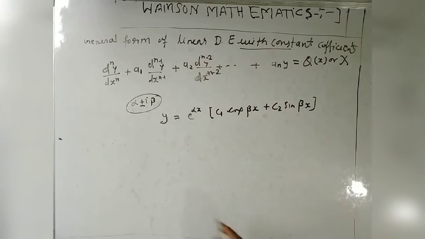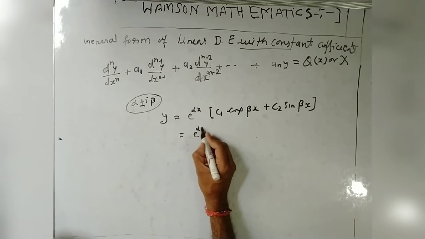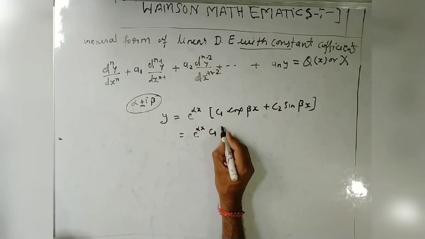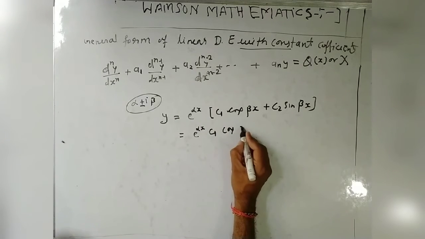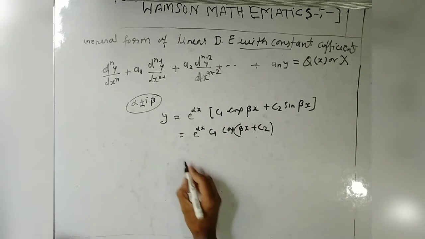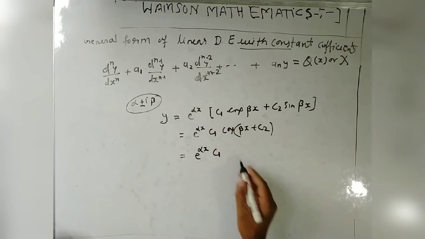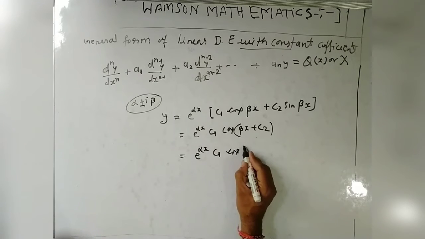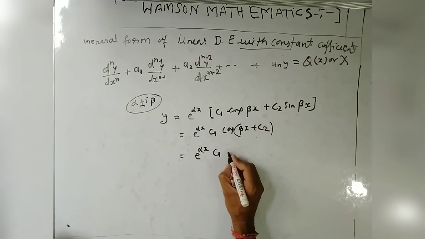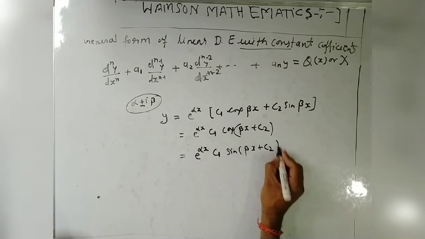The solution can also be written in similar forms, such as c1 sin beta x plus c2 cos beta x.